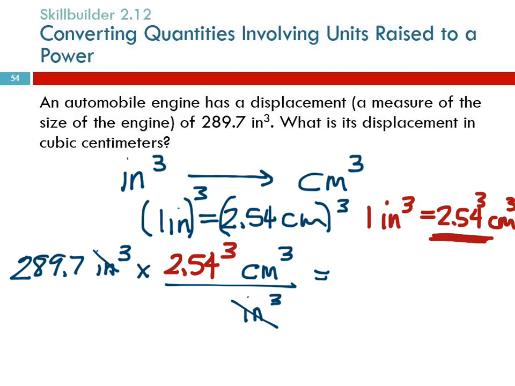So on your calculator, 289.7 times 2.54, I lost my button, cubed equals, I'm getting 4747.33 and so on, units cubic centimeters.